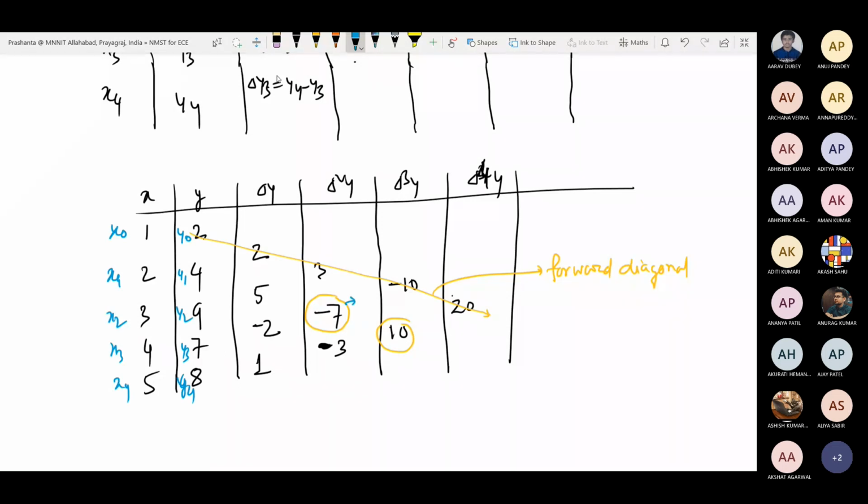Del square y1. What is the name of this element? Del cube y1. Okay, you are able to say that. What is this element? Del y3. Okay, fine. Del y3.